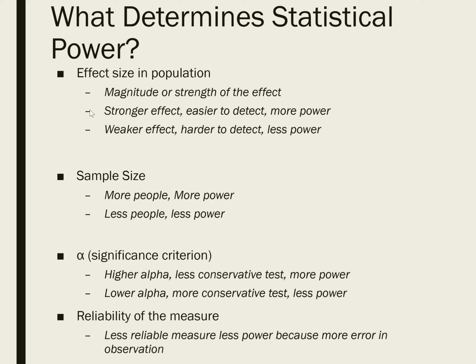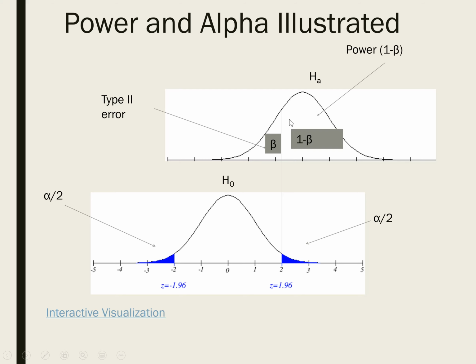Whereas to the left, since the alternative hypothesis is true here, we can think of it as a type 2 error. So it's kind of an illustration of why power can be defined as 1 minus the probability of a type 2 error.